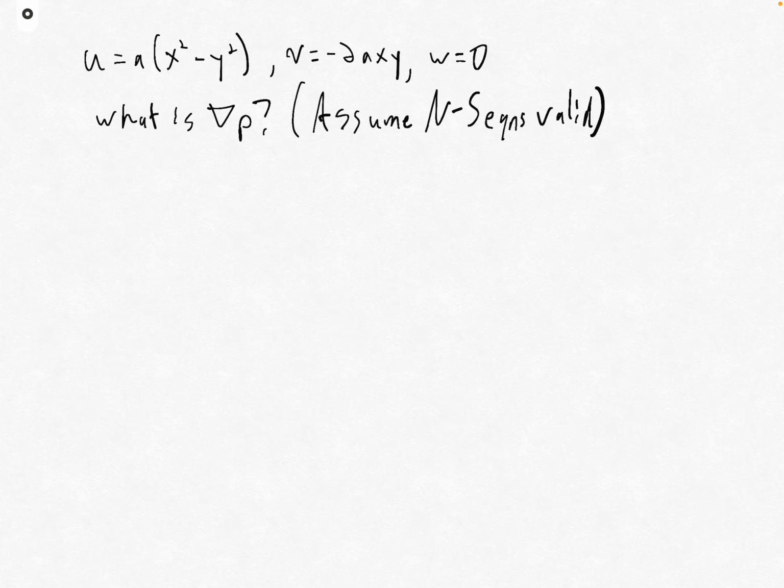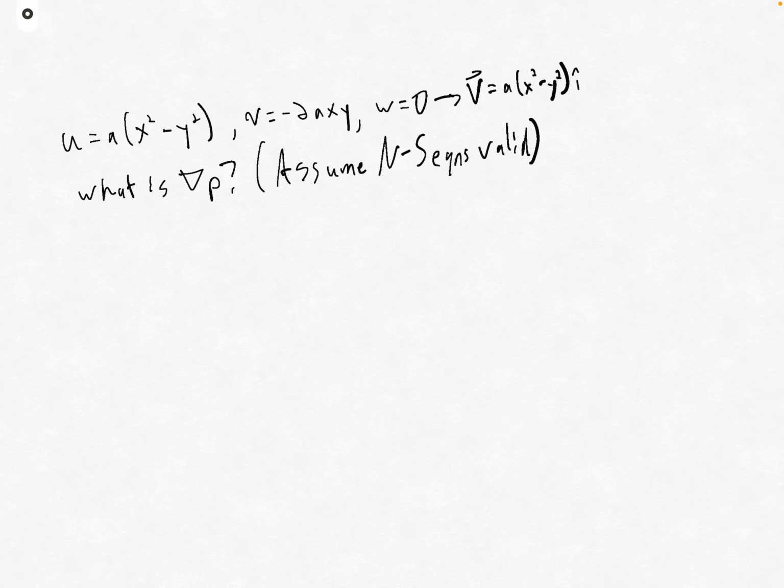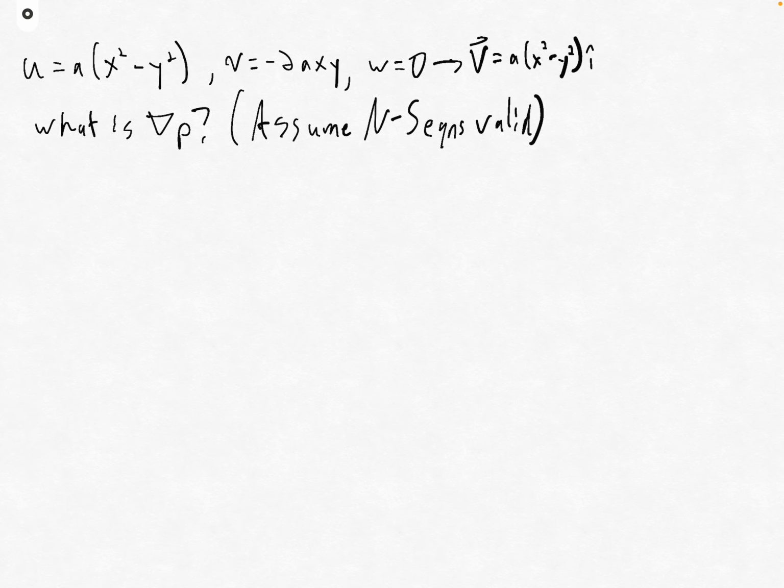And just first, before we get started, I want to write this out in another form. Just to make sure you're familiar with this, we can write this as V is equal to a times (x squared minus y squared) i hat, minus 2axy j hat, plus 0 times k hat, or a lot of times we would leave that off.